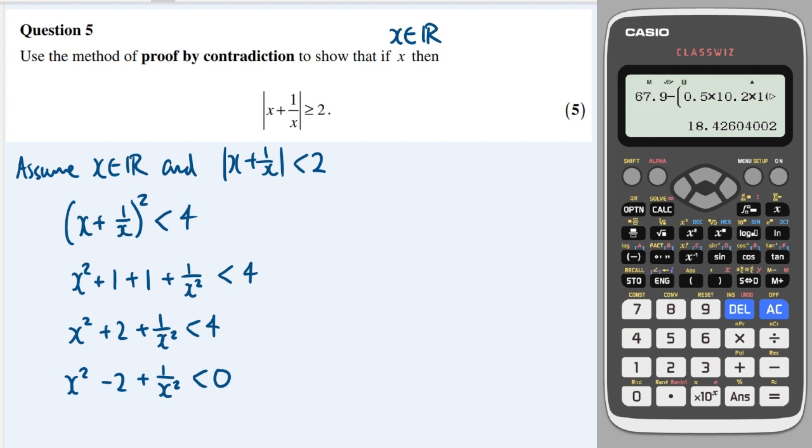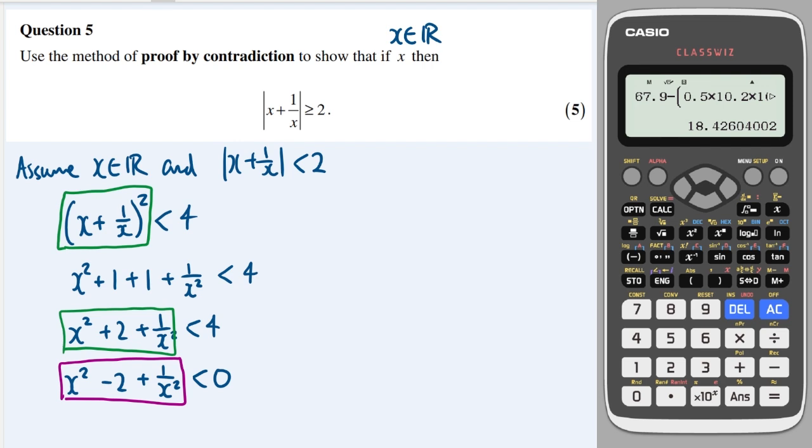And this can be refactorized. Just in the same way that when this expanded, we got this, if I change the sign to a minus, then it's going to give me this. So I could write that x minus 1 over x all squared is less than 0 now.